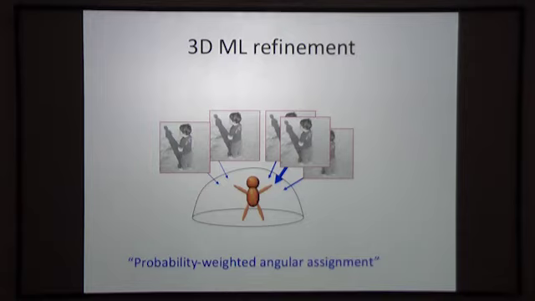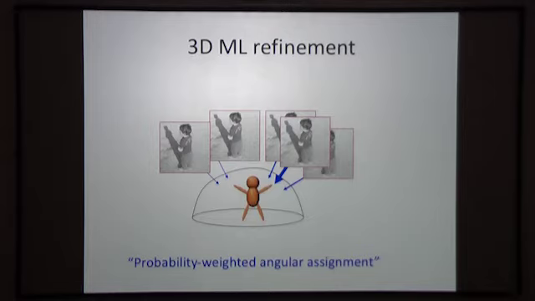Every individual experimental image will go into the 3D reconstruction of the next iteration with all the different orientations assigned, and you just calculate a weight for all of them based on the terms there, where you compare the experimental image with the reference projection in that direction. So if this is the most likely one from the top, it's slightly from the side, but because there's so much noise in the image that I can't really make out if it's slightly from the right or slightly from the left, then all of those will go in with significant probabilities.